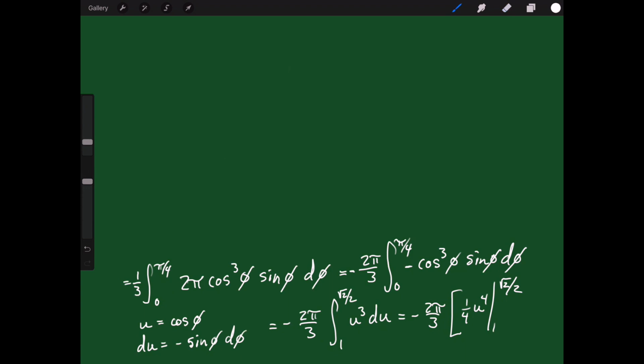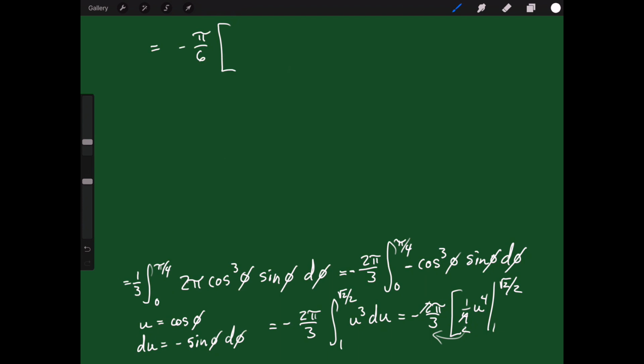Okay, so what do we have? This is equal to, I could bring the 4 outside of that bracket, and I could write this as minus, well, the 2 and the 4 cancel and give me a 2, so I get minus pi over 6 times.